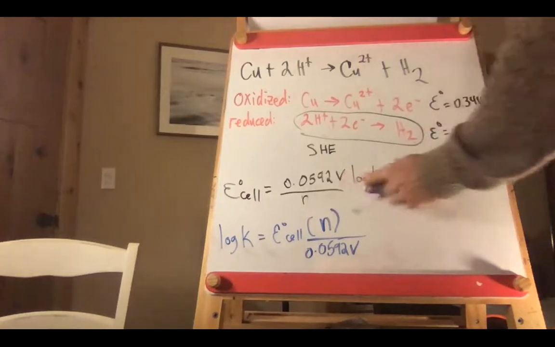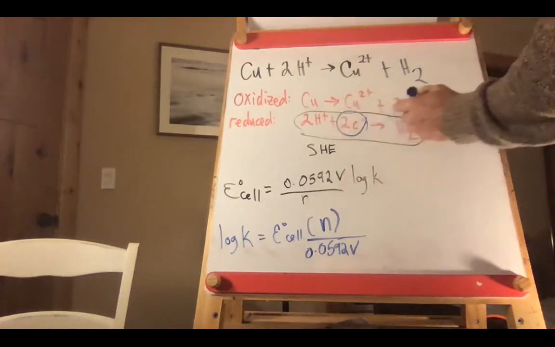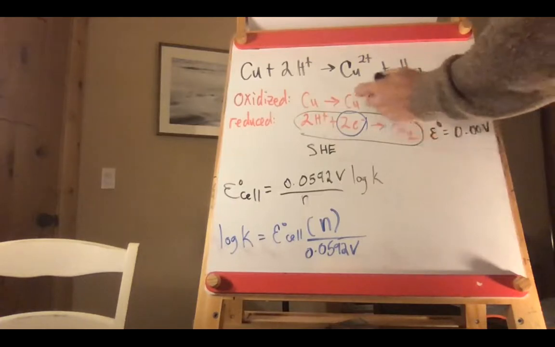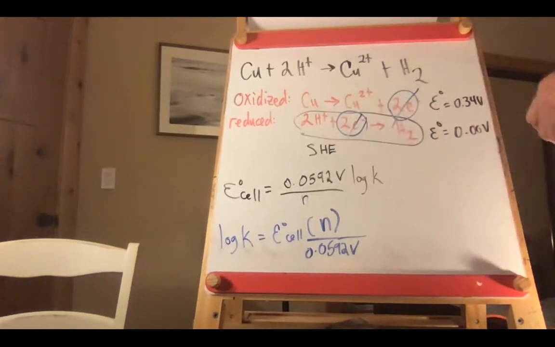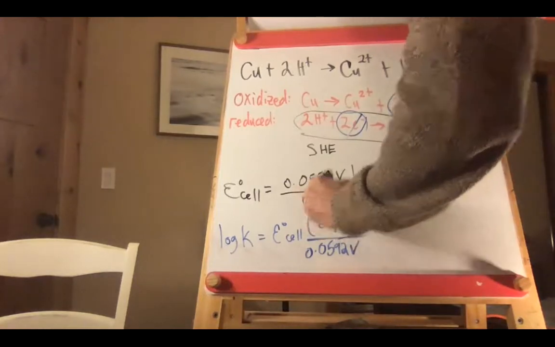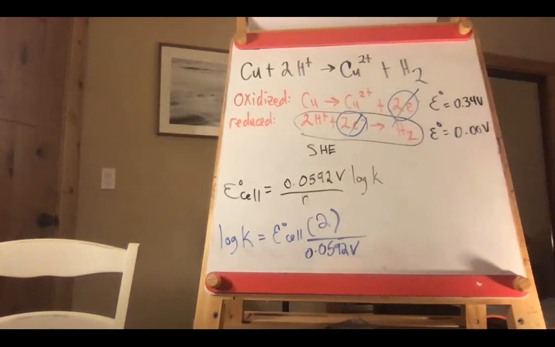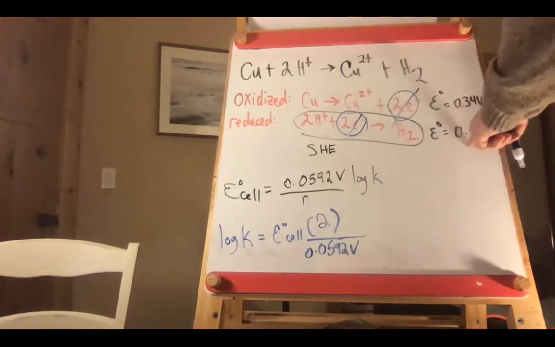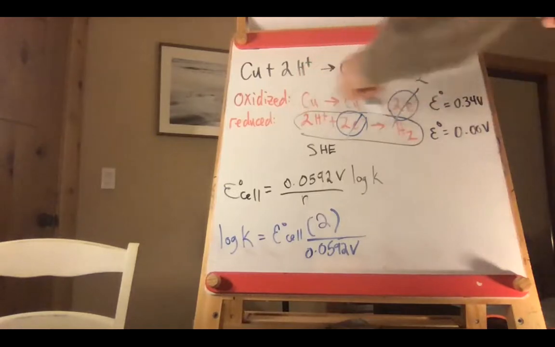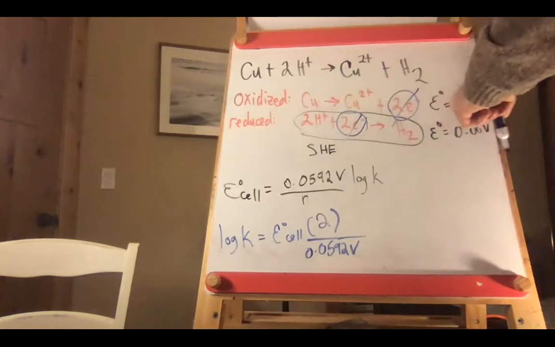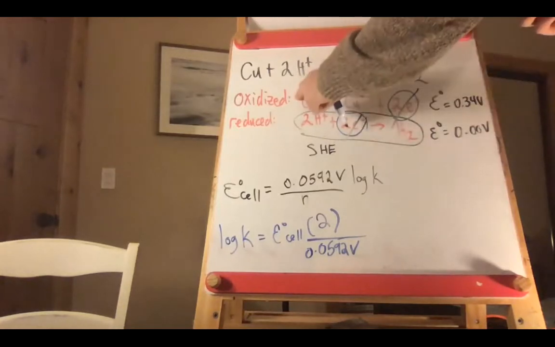Well, what is N? These cancel out and they're 2. So that's the moles that we use here. It'll be 2. And what is our E cell? It's the difference of our reduced minus our oxidized, our final minus initial, because oxidized is the anode.